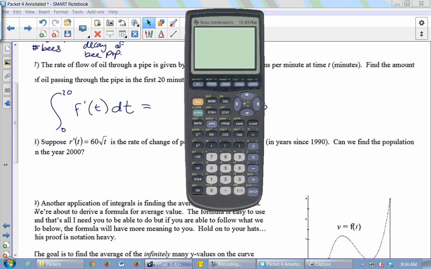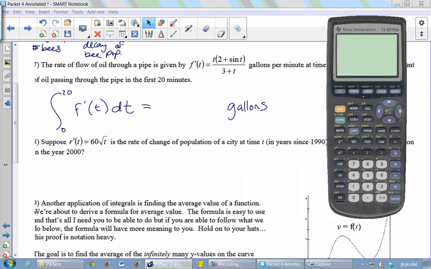So I'm going to have my calculator do the actual integral because we don't have any techniques for that yet. I'm probably going to do it in the home screen because I have no idea what a good window will be for this. So I go math, fnInt, and I type in the function.